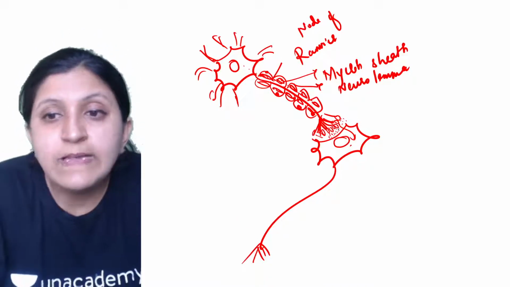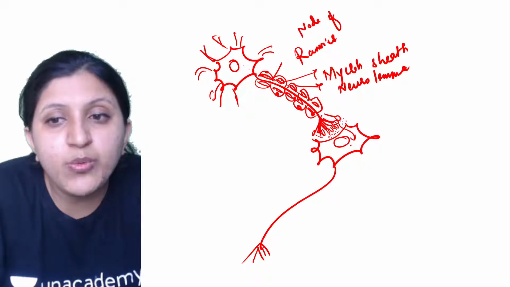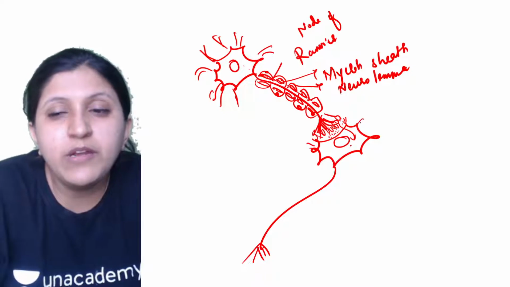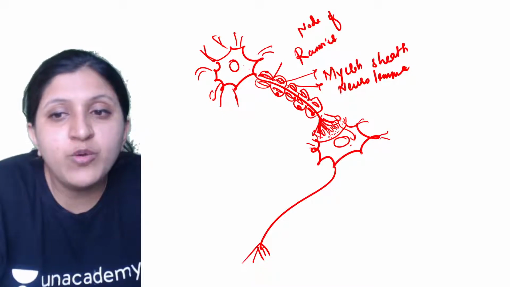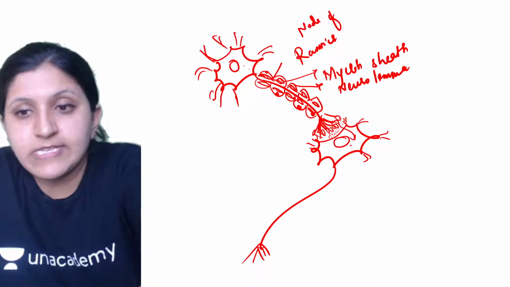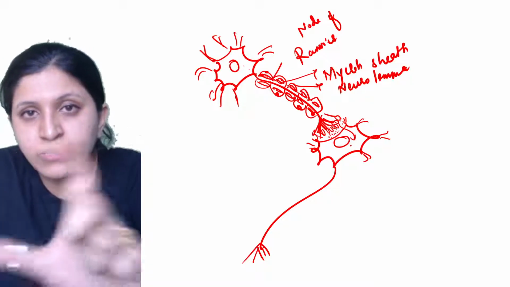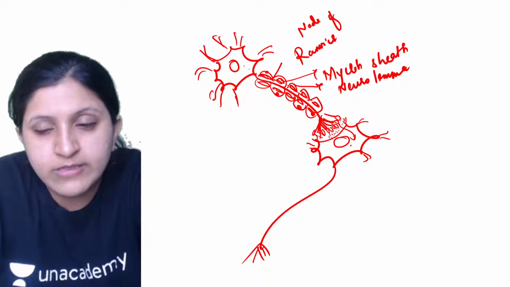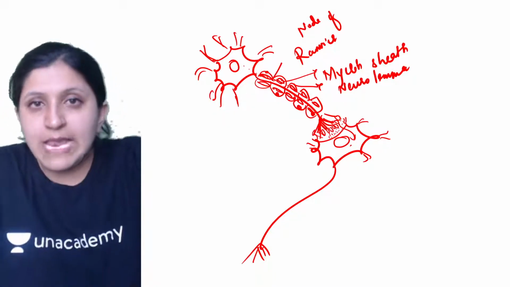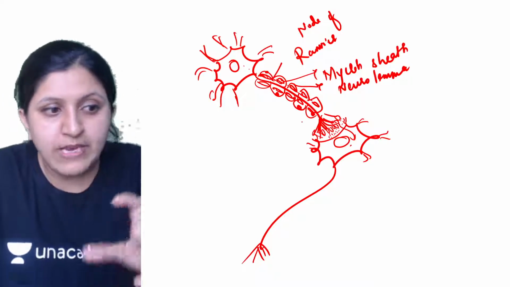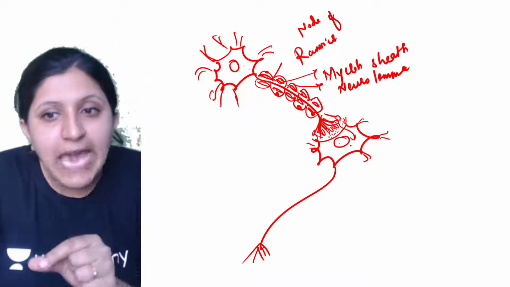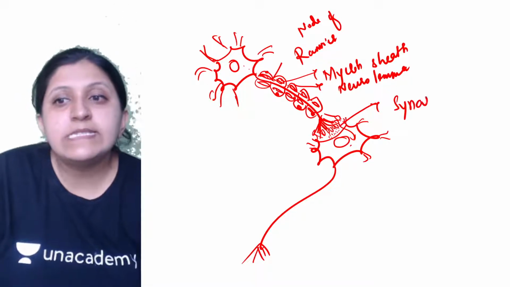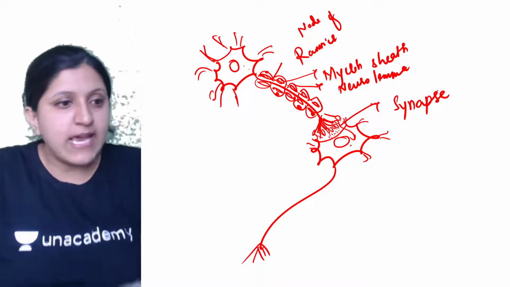Here, at this point of contact between the dendrites, you can see dendrites, I'll draw them too, between the dendrites of one neuron and the cell body of another neuron, here is the dendrite of a cell body, and then the axon terminal. The gap you find between them is mentioned as a synapse. Okay, so this one is a synapse now.